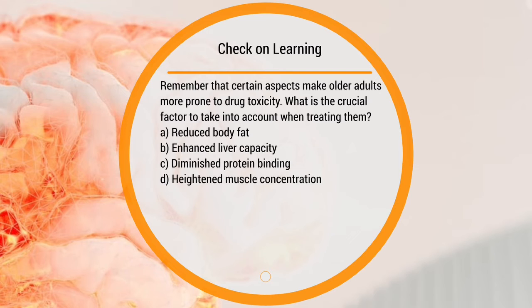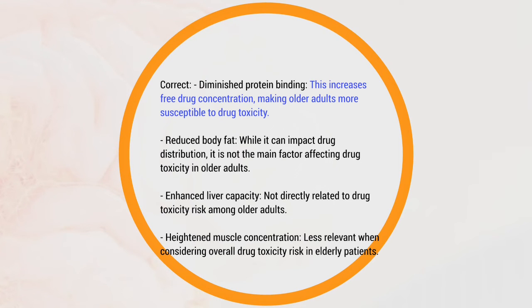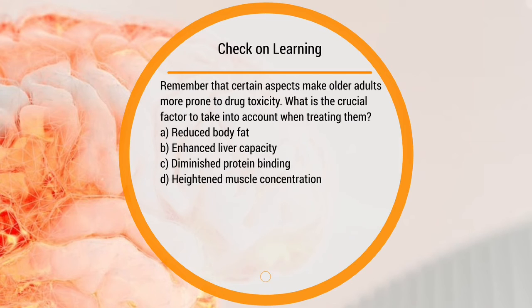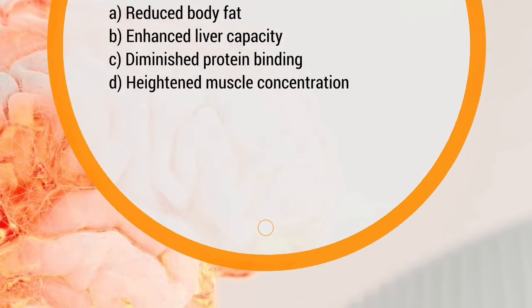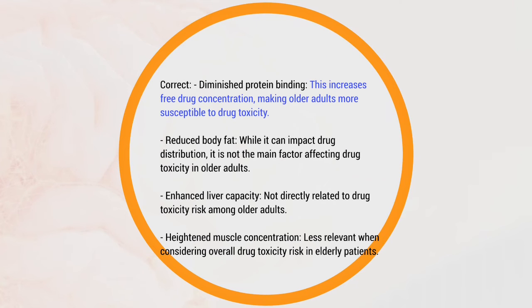Well, do they have reduced body fat? No. They have decreased protein binding, right? Remember, everything was decreased other than the fat. The fat was increased. So the diminished protein binding increases the free drug concentration, making older adults more susceptible to drug interaction.